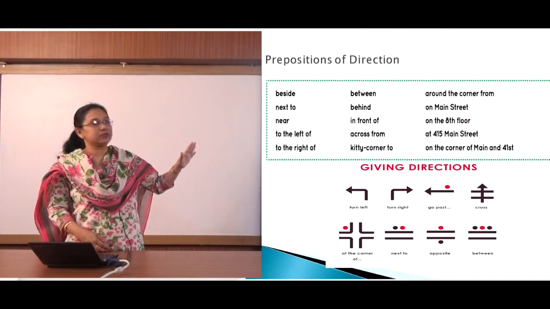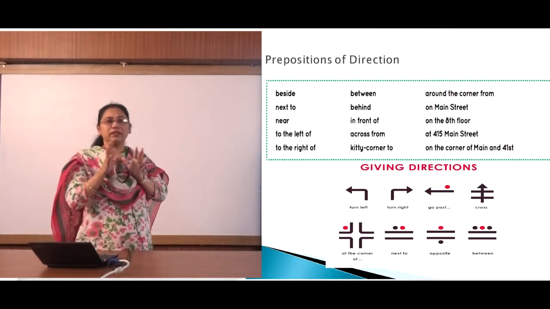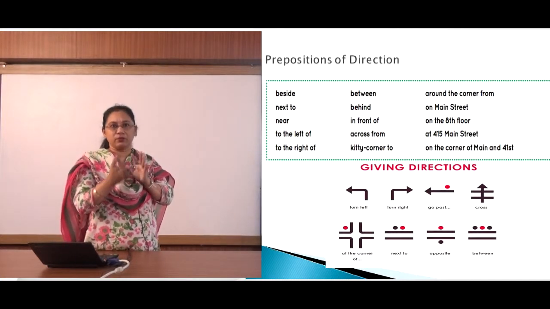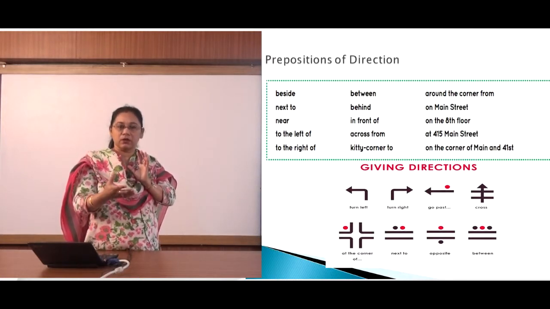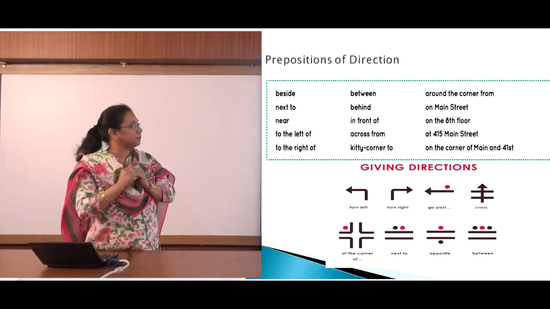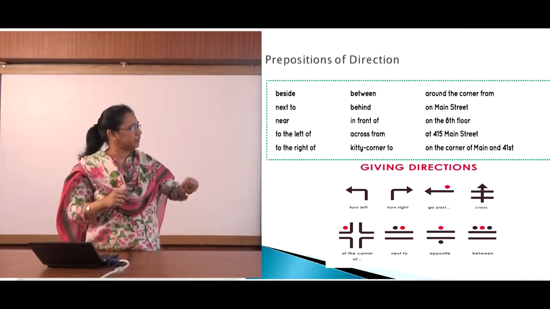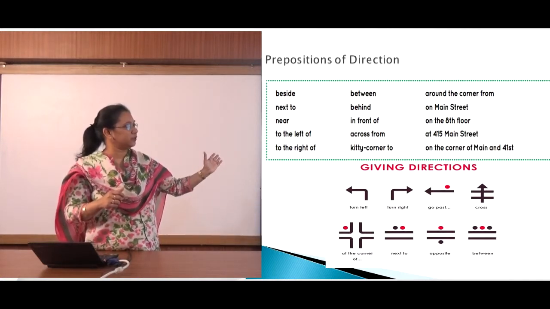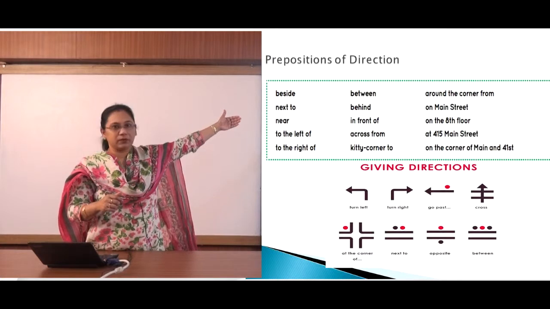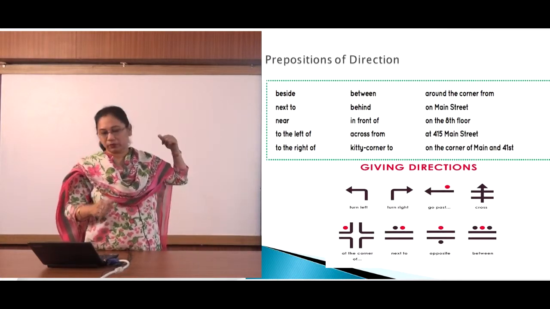You can use them with other words, as we said, therefore fulfilling the definition of a preposition, that they are words that can be used with other words to show time or direction or some kind of a spatial relationship. All right, so I have a picture here. When you ask somebody to turn left or right, you can use these words in collaboration with the following that are there.